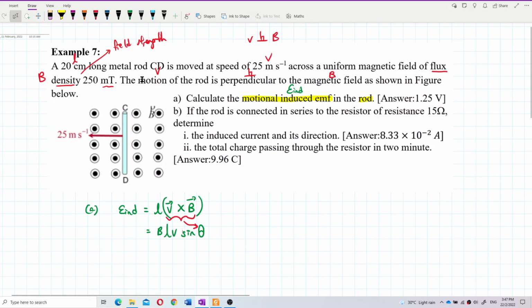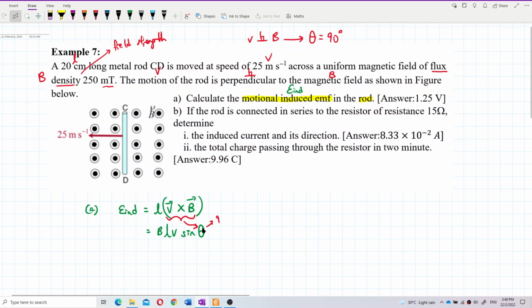And that's why in the question he said the motion of the rod is perpendicular to the magnetic field. The velocity is perpendicular to the magnetic field. So this clearly shows that theta between V and B is 90 degrees. Since V is perpendicular to B, theta is 90.